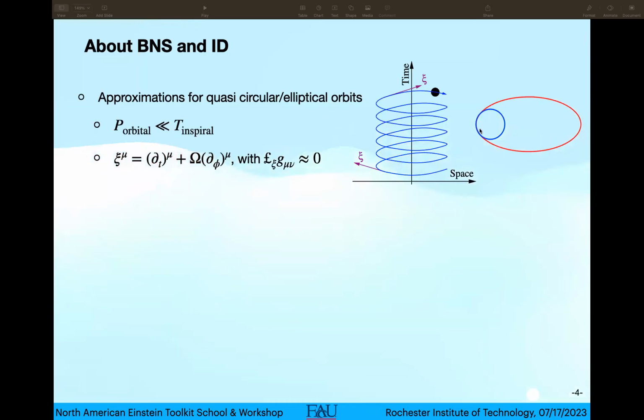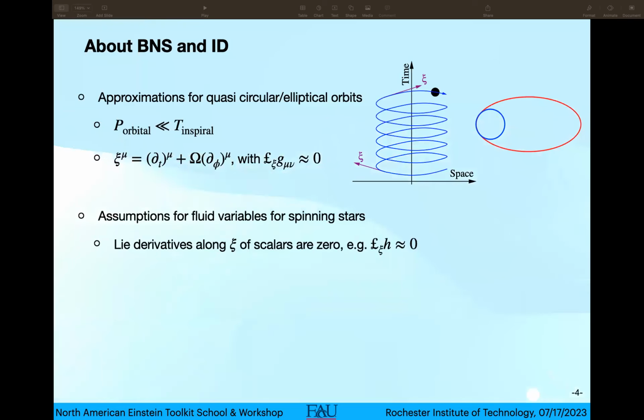So what we know about the tangent vector is, if we take the Lie derivative for most quantities, we can assume that this is approximately zero. For example, for a metric component, it's zero. For most of the hydrodynamic variables it is almost zero. So that's a very good approximation in most cases, but unfortunately, it's not a good approximation for the three-velocity.